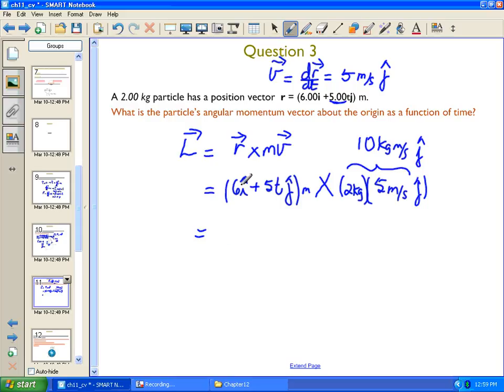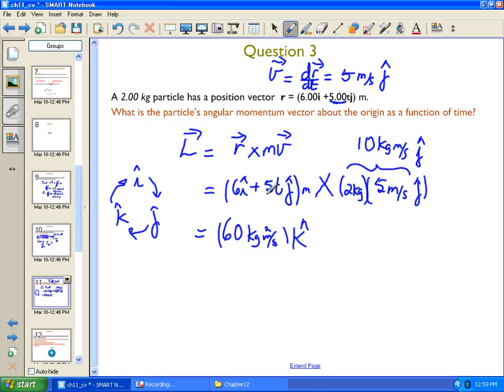Okay, let's see. 6i hat cross 10 j hat gives us 60 for the number part, 6 times 10. The i hat cross j hat, if you recall from our cyclical permutation, i cross j gives us a k hat. So this will be the unit kilogram meters squared per second in the k hat direction.